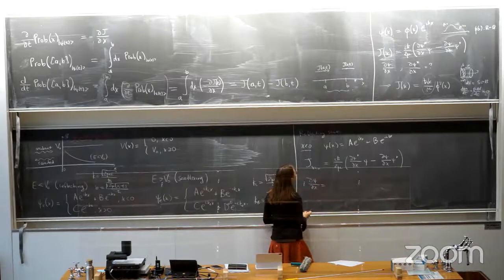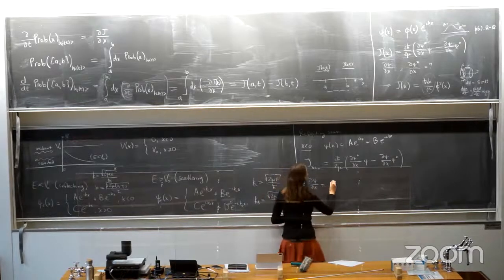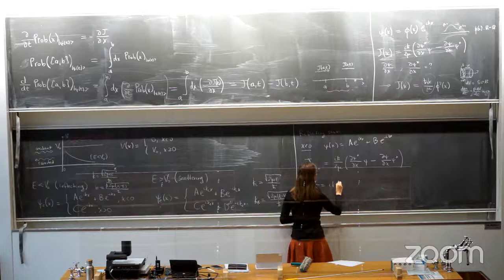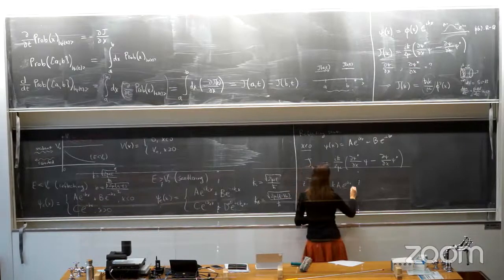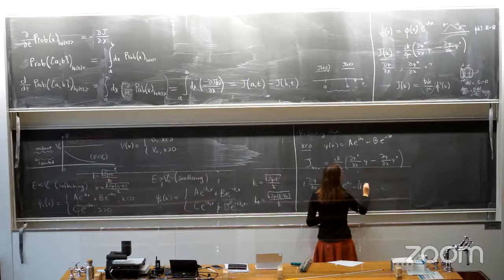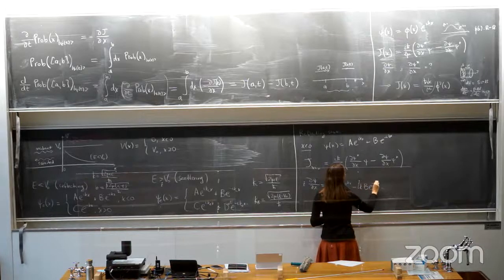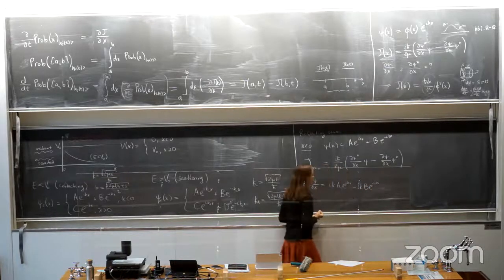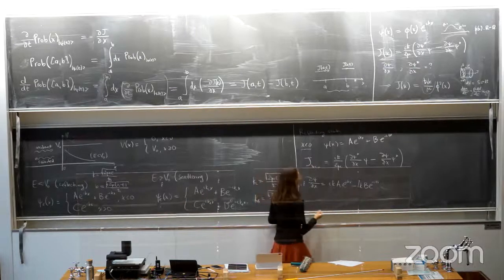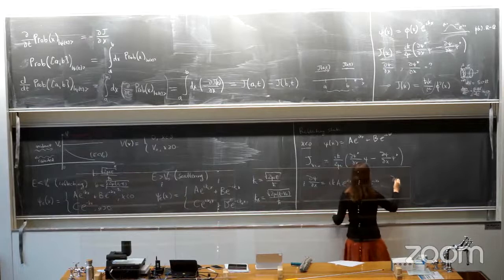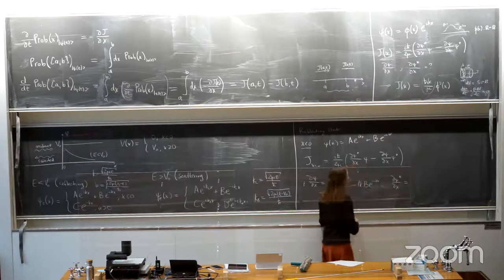Well, this is ik A e to the power ikx minus ik B e to the power minus ikx. And then we take the complex conjugate of this expression, and we get the derivative of psi star.